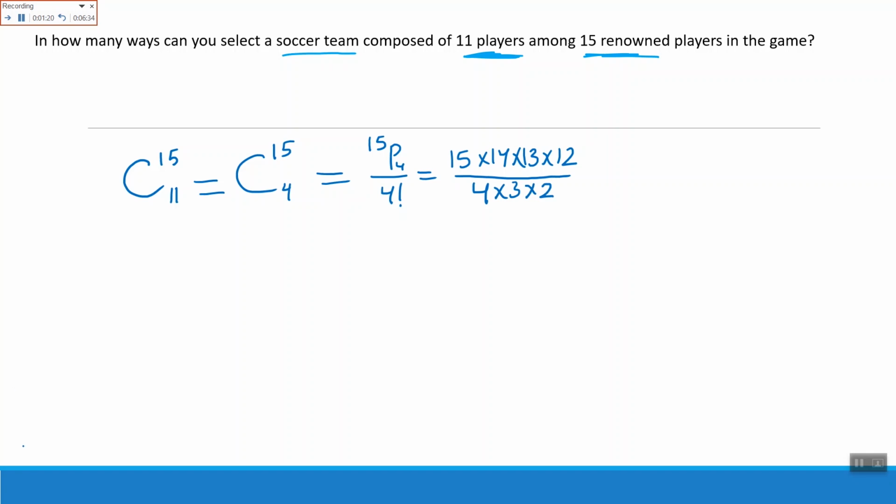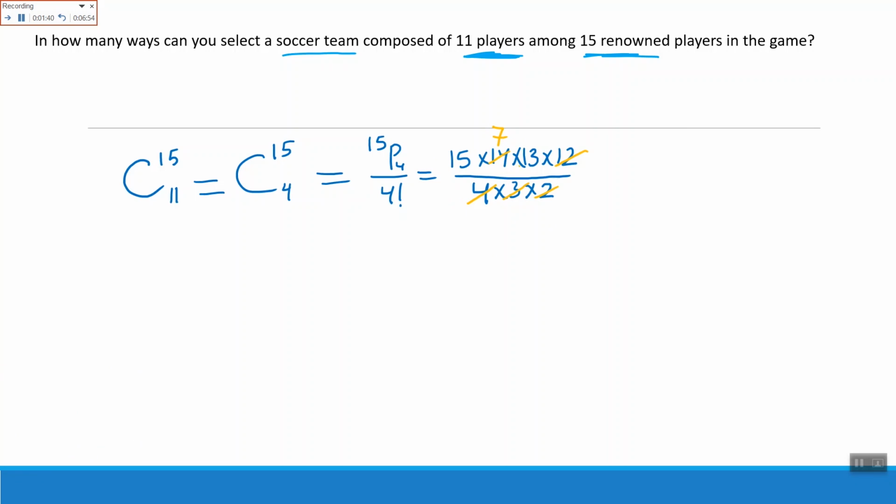We can do some cancelling now. So let's see. We can cancel 4 times 3, which is 12, with 12. We can cancel 2 with 14. We'll get 7.